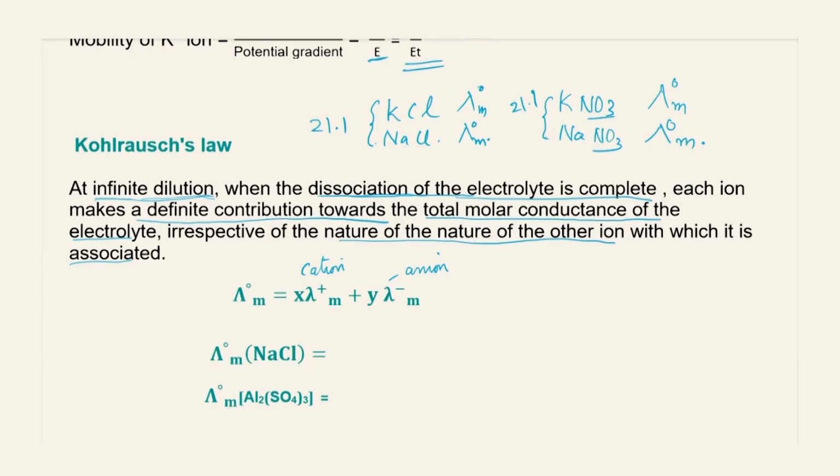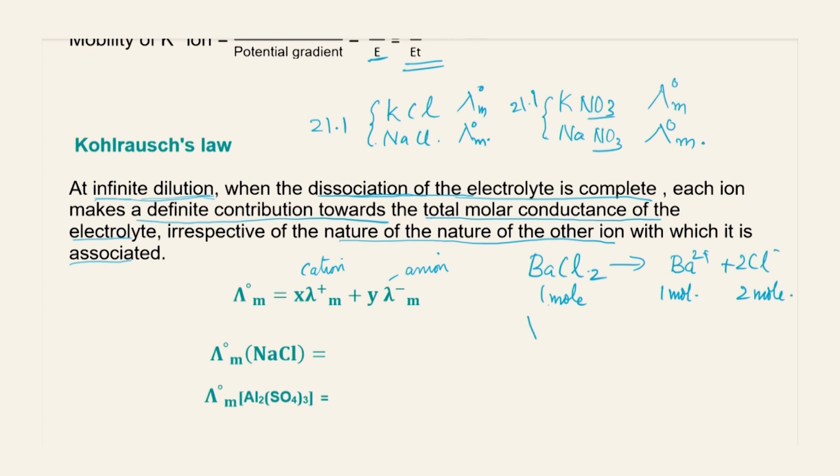For example, if I take barium chloride, okay, what are the ions formed from this? You will have Ba2 plus and 2Cl minus. If I take 1 mole of barium chloride, I will get 1 mole of barium ions and 2 moles of chloride ions.